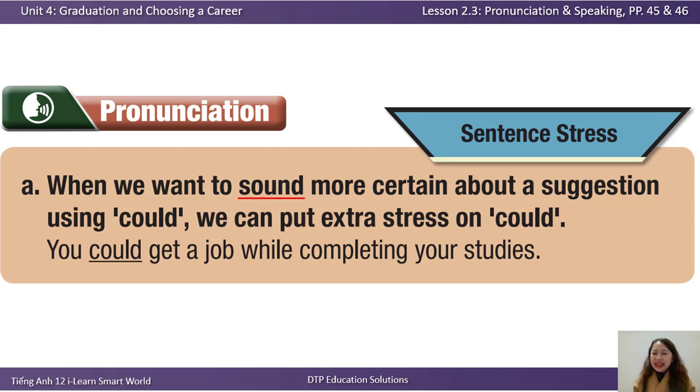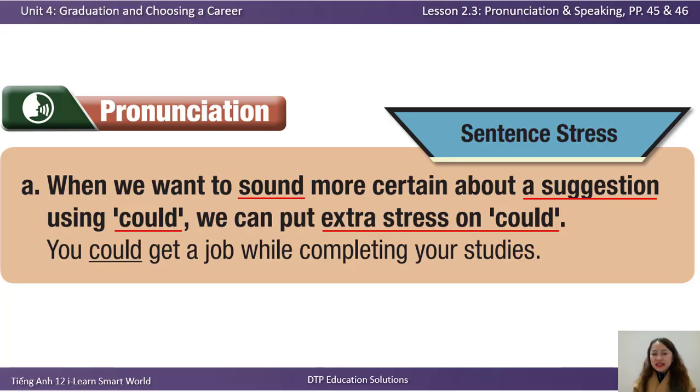Alright class, let's dive into the pronunciation section with a focus on sentence stress. When we want to sound more certain about a suggestion using the word could, we put extra emphasis or stress on the word could. This helps to highlight the importance of the suggestion and makes your sentence sound stronger.